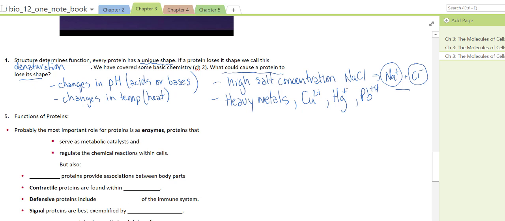These metals tend to have high charges, and again, same reason: these charged particles can influence the hydrogen bonding and those other weak interactions that form the shape of the protein. Another one you may have heard of is cadmium. These heavy metals can be toxic in our environment, get into our drinking water, and they can certainly influence the function of our proteins because they alter their shape.